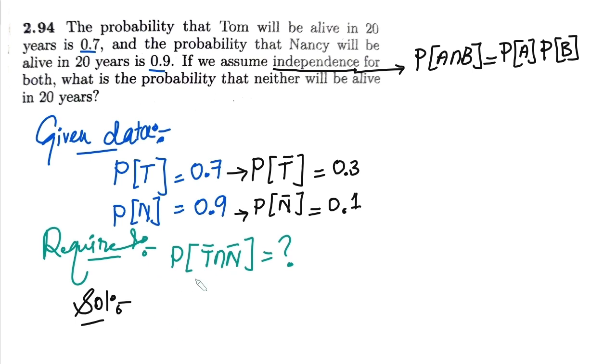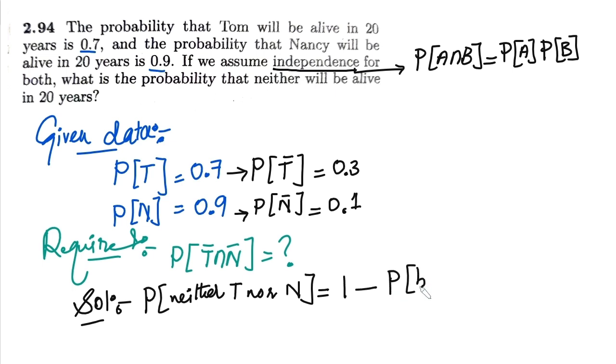Now in order to find out that the probability that neither T nor N will be alive in 20 years, that would be 1 minus the probability that both will be alive in 20 years.